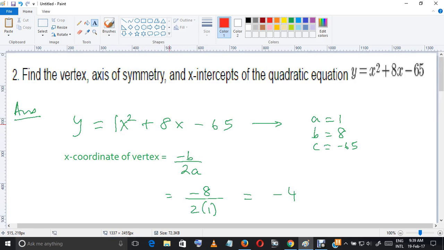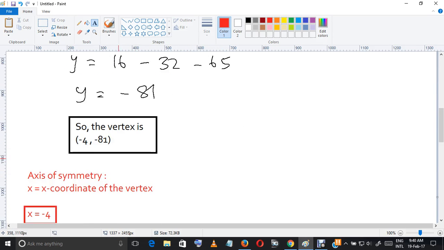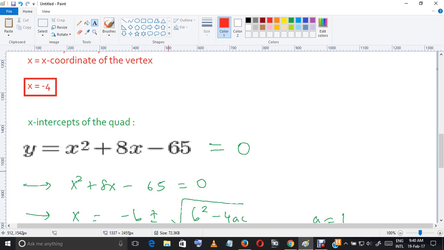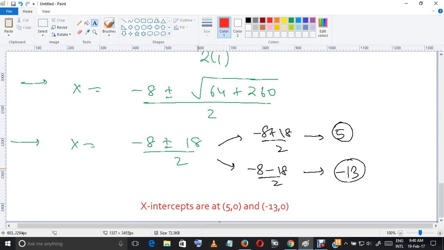You would get 16 minus 32 minus 65, which is negative 16 minus 65, negative 81. So the vertex is minus 4, comma minus 81. The axis of symmetry is just the x-coordinate of the vertex, which is x equal to negative 4. And the x-intercepts of the quadratic is obtained by the quadratic formula, which we solve, and we obtain the answers 5 and negative 13.